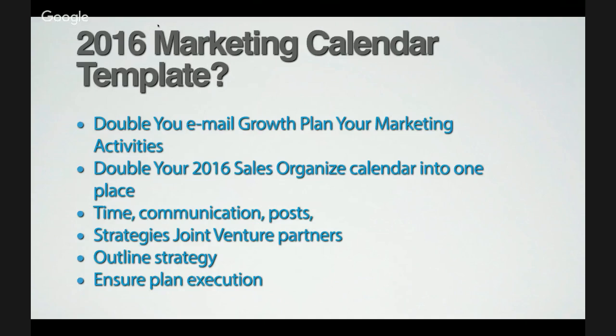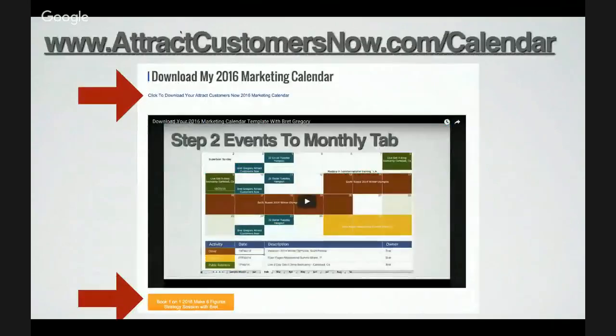I've found it's far more effective than trying to figure out every week, or every day in fact, what am I going to do today and how am I going to market today? Better to write out a plan at the beginning of the year and give it to your team, and maybe that's even one person, just a virtual assistant. Give it to your person and have them execute it, and you're simply working with them on the plan execution. That is a big, big, big deal. It can really improve your sales.